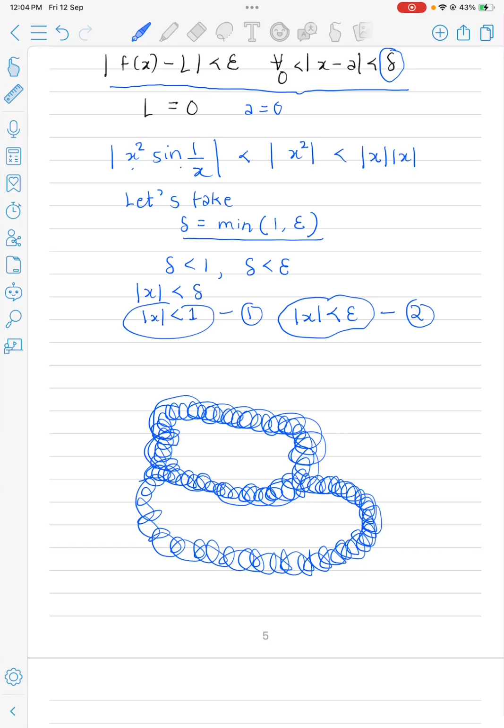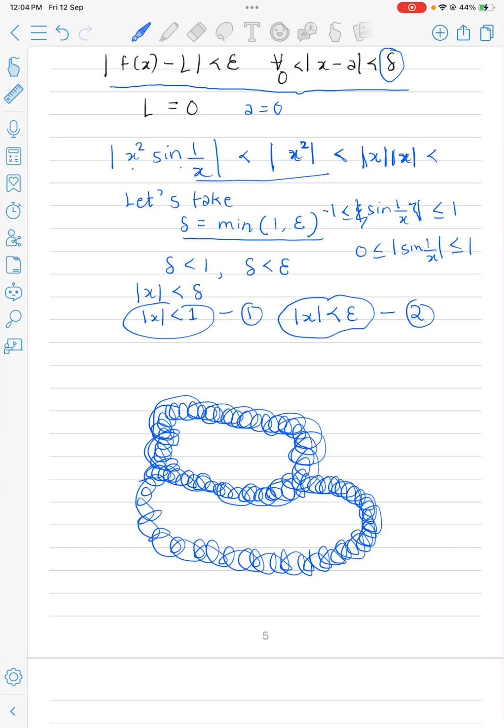So I will use this here. See, x square sine 1 by x. Sine 1 by x is greater than minus 1 and less than 1. Taking the mod, it is less than 1. And then you multiply by x square, so I'm replacing this with this one here. So this will be less than x square. And now you see this will be mod x into mod x, using properties of modulus.